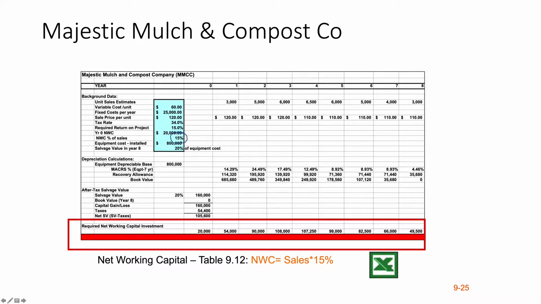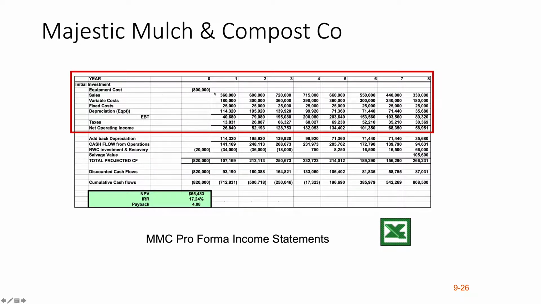Now, the sales number will be in the following charts. The sales number, see that? 360, which is the sales price times the unit sales projected, right? And in the spreadsheet, you can look at that. This one is a formula. Starting here is a formula.